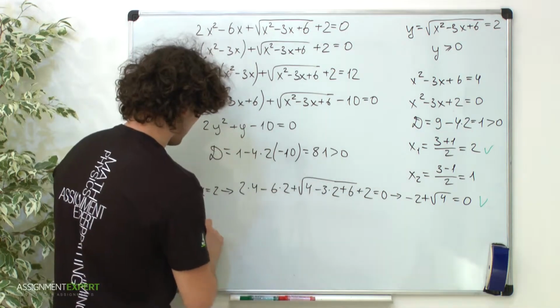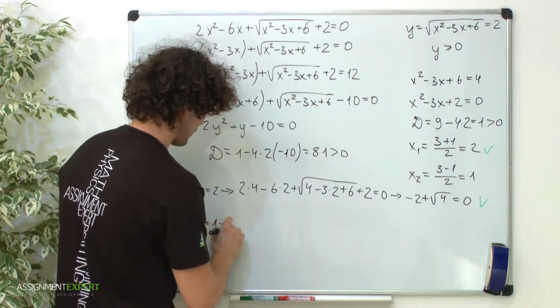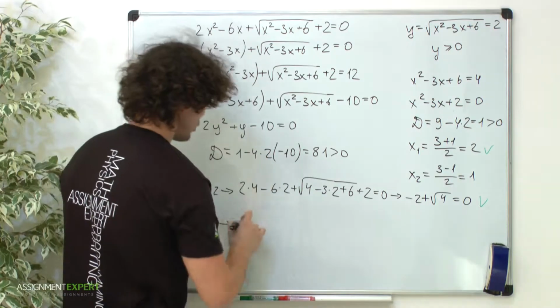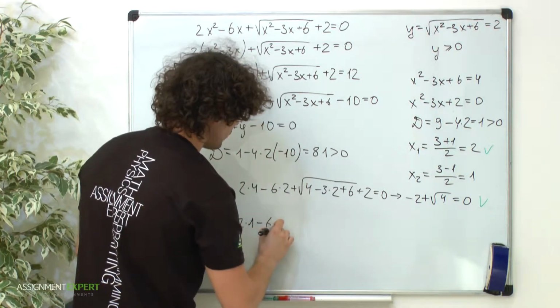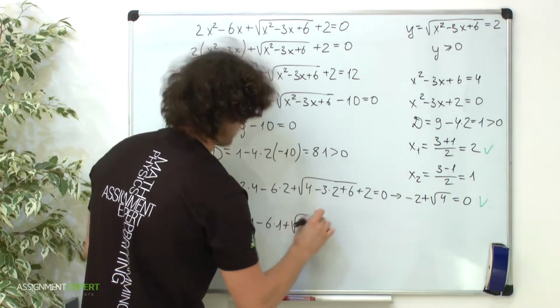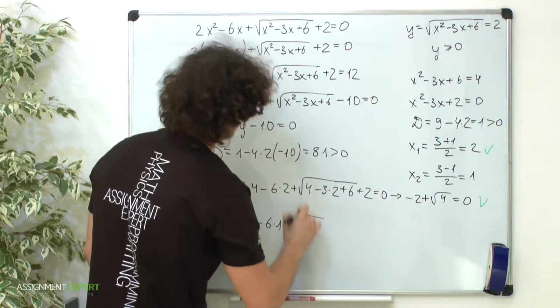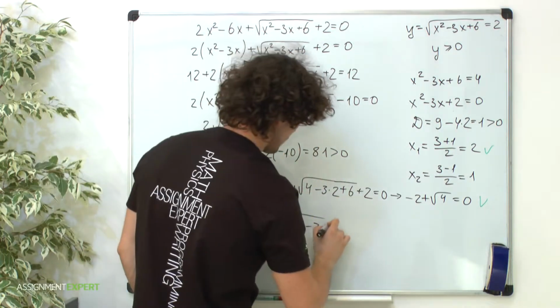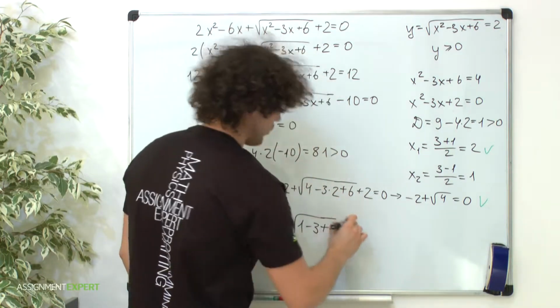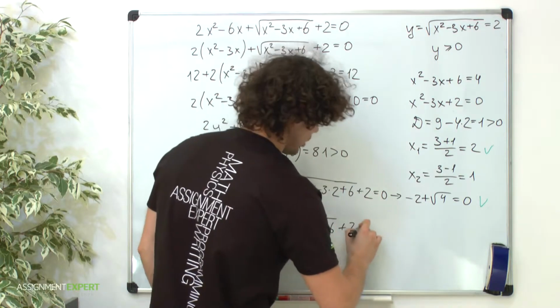x equals 1. In this case, we have 2 times 1 minus 6 times 1 plus the square root of 1 minus 3 plus 6 plus 2 equals 0.